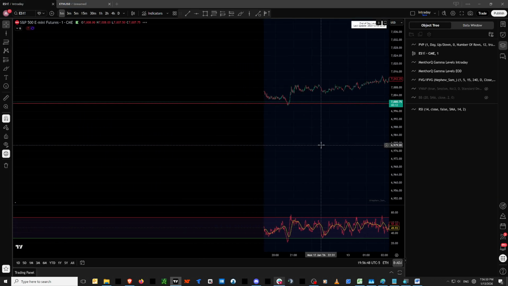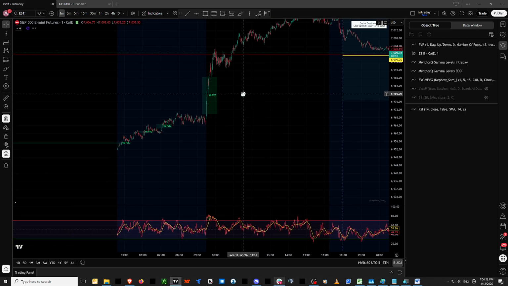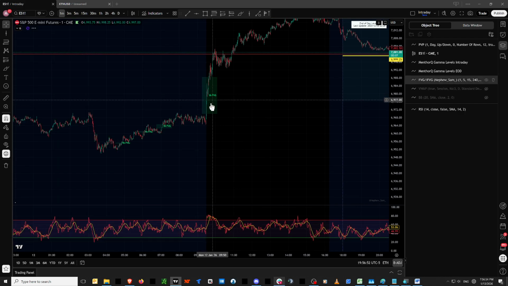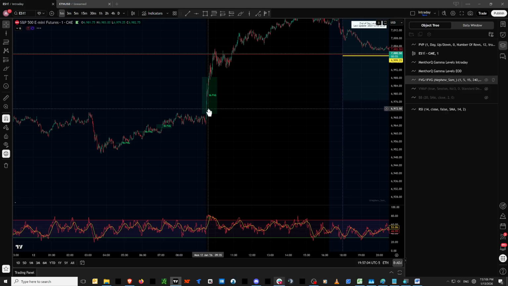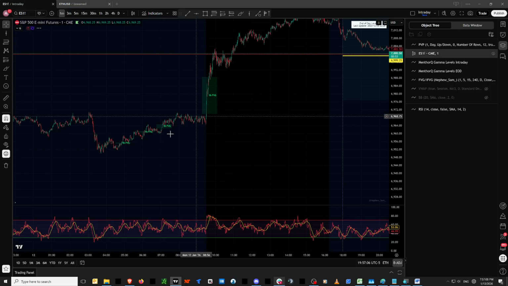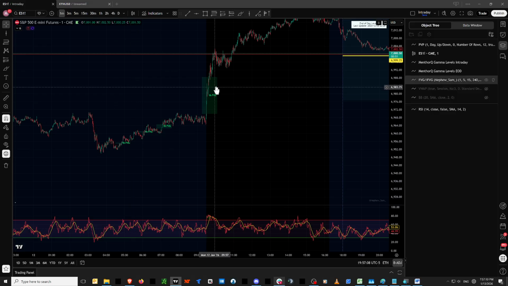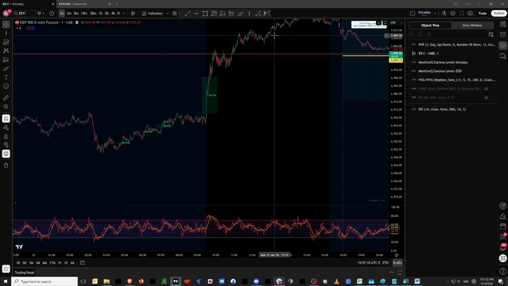All right. Let's see. Have I missed anything? This is not an ICT setup here because you don't have a significant low before you had the big candle in the opposite direction. This is not a change in sentiment. This was bullish, and it still is bullish.